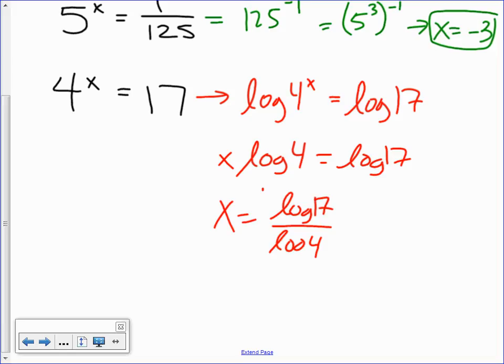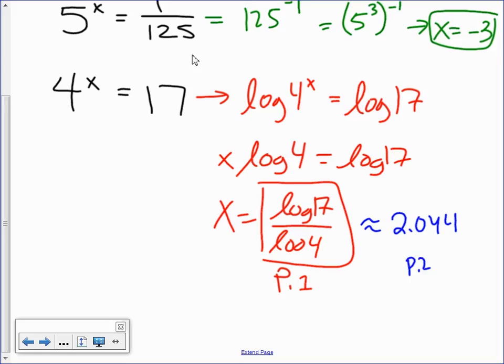If this was paper 1, that's where you stop. If it was paper 2, you type it into your calculator. It's 2.04.